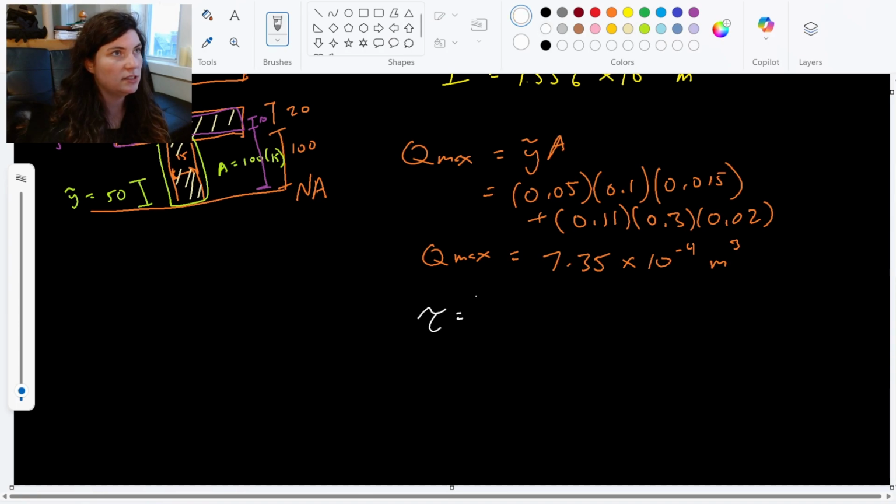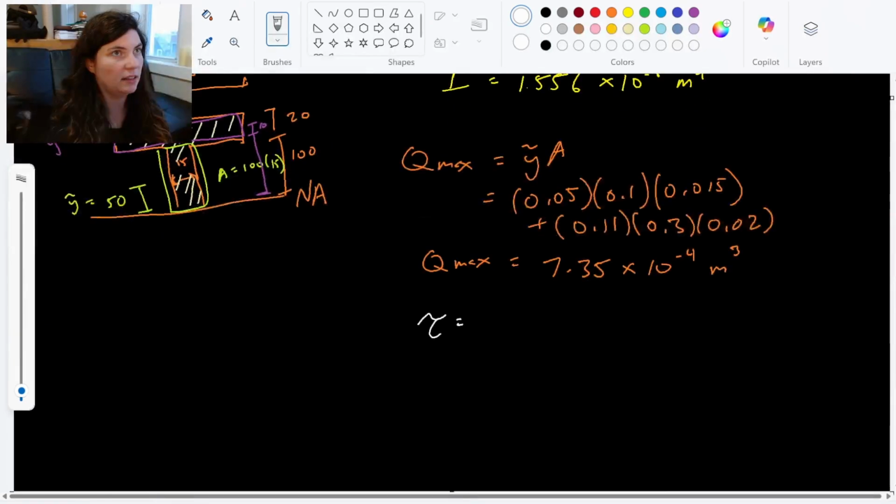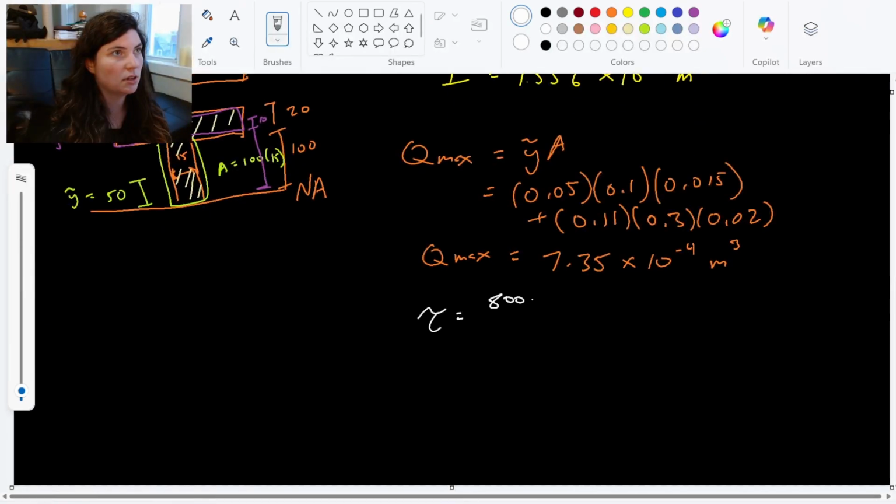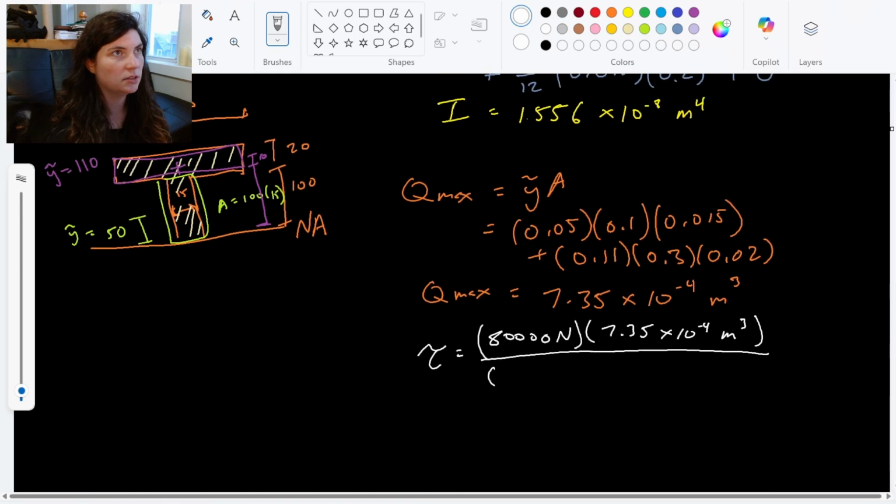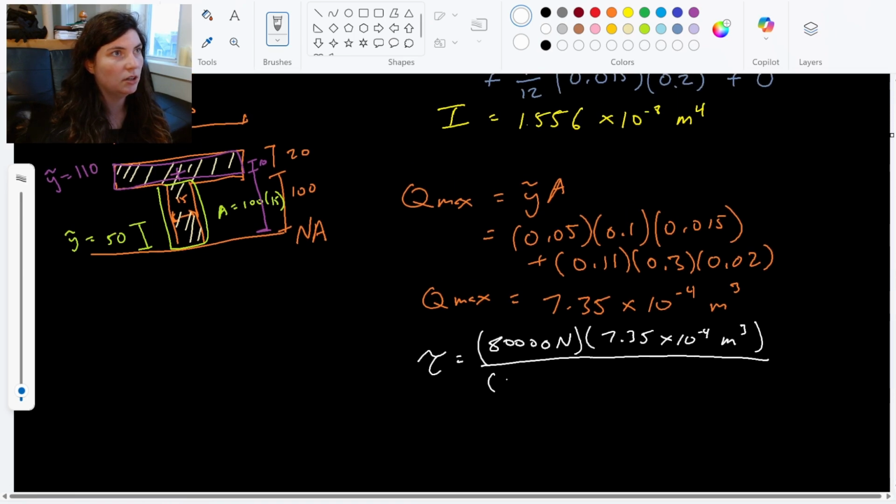Our shear stress is going to be our shear, we said was 80,000 newtons, times Q, we just found our Q, 7.35 times 10 to the negative fourth meters cubed, all over I, our moment of inertia, 1.556 times 10 to the negative eighth meters to the fourth.